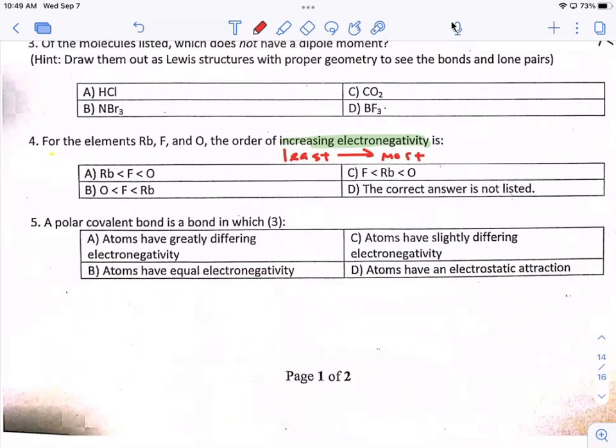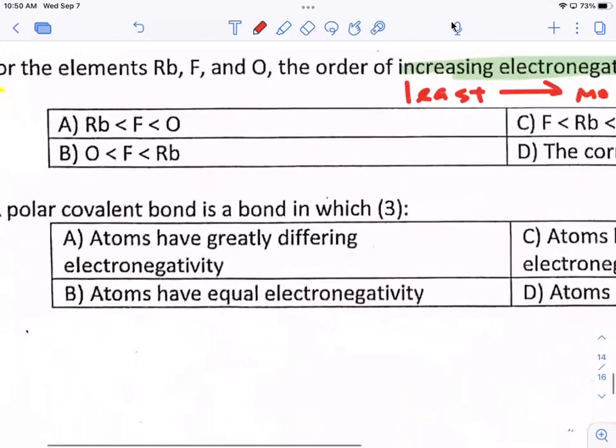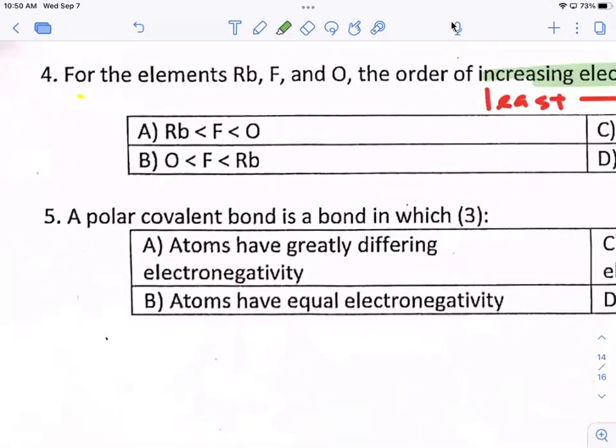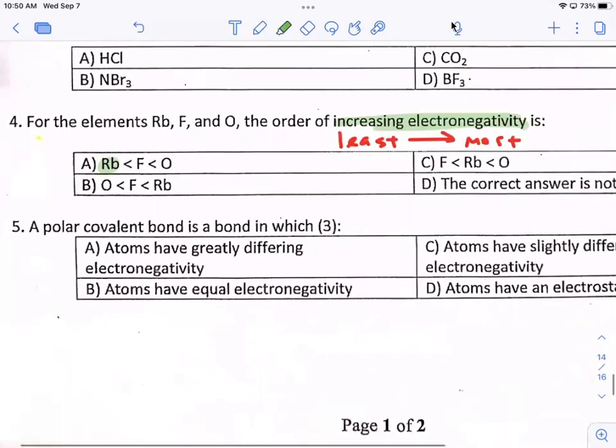All right, and then we know that the most is fluorine. Is that right? Because we just discussed that fluorine has an electronegativity of 4.0. So rubidium is the least, so it should be first, like it is here. Fluorine is the most.